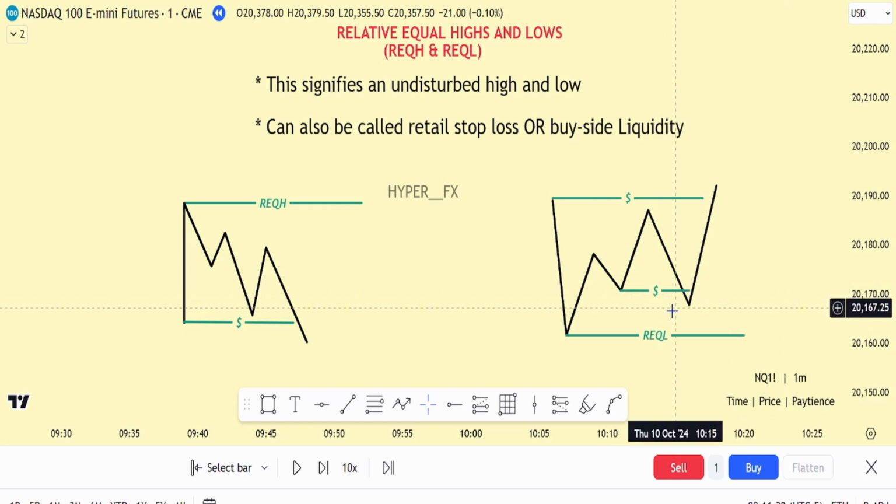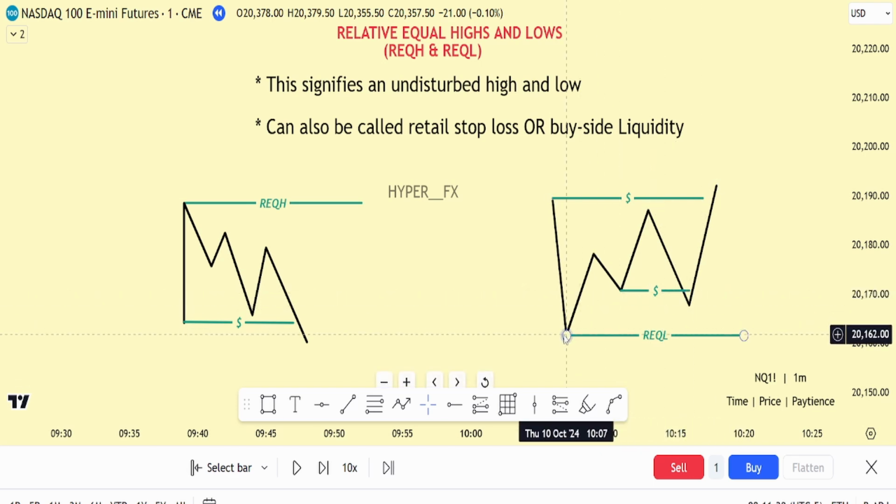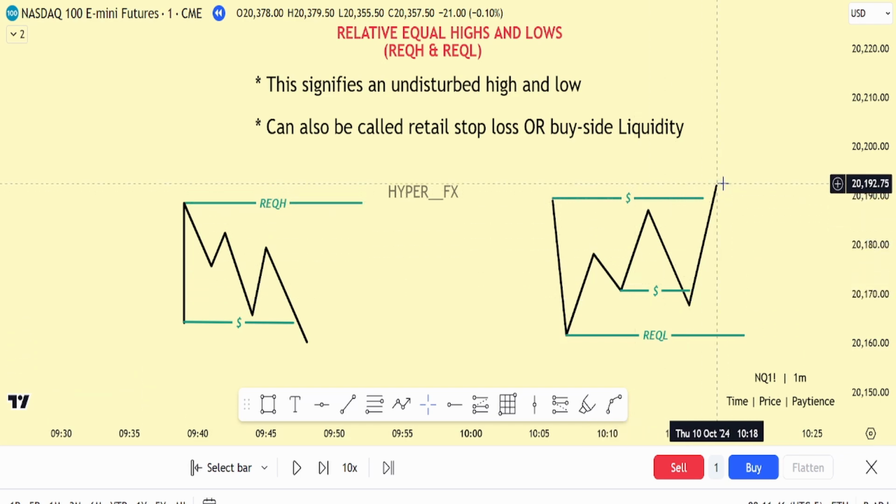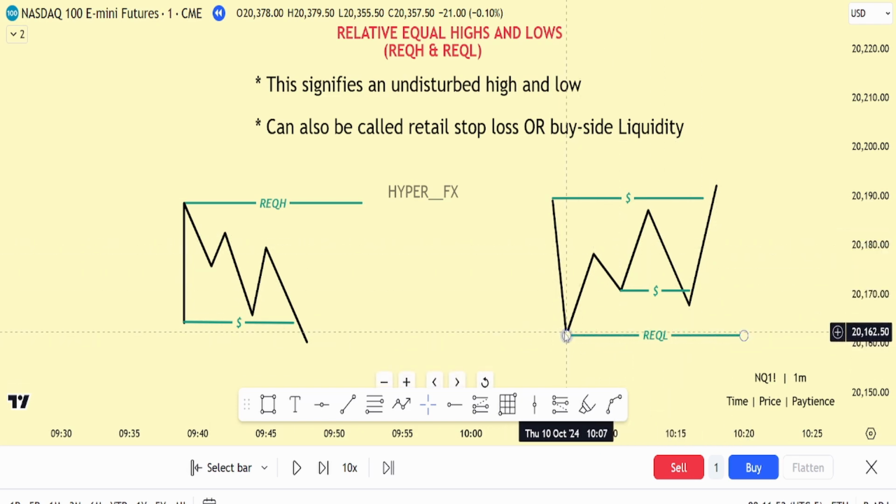So even though this low has taken out this low, relative to this low it is still a relative equal low. Once price has engaged this high, I expect price to take out this low because there is no low that has engaged it.